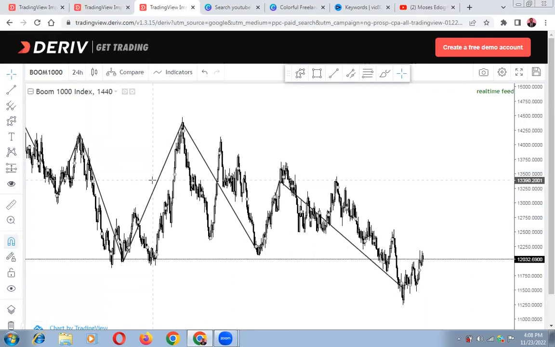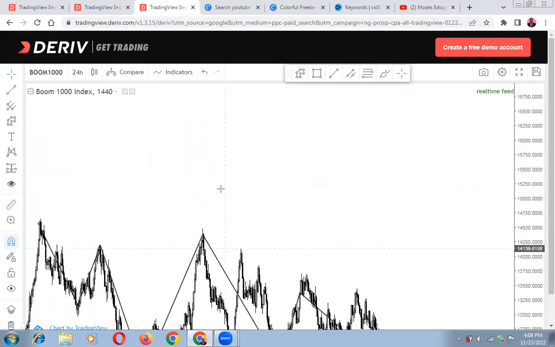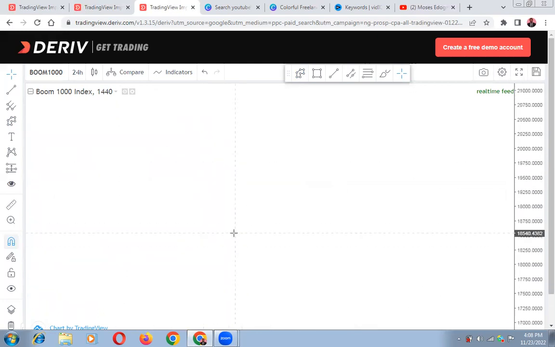So let me just maybe draw this and see if we can have a clean sheet. How do you trade market structure? Let me just use a bearish market for instance. You have something like this.